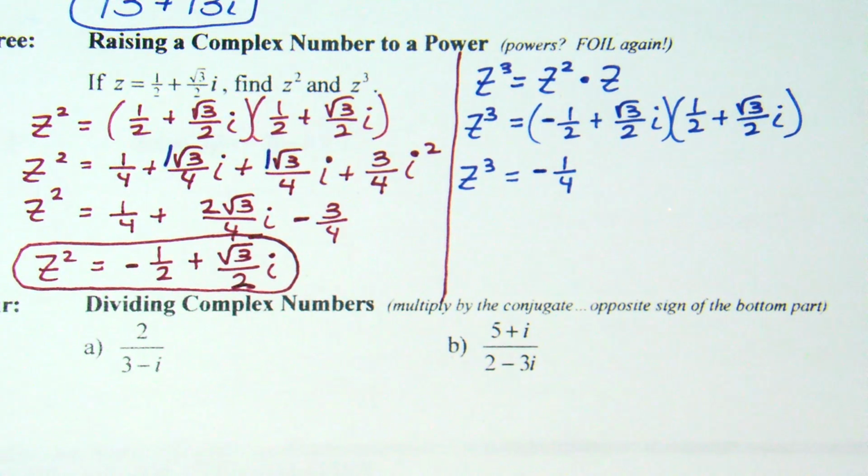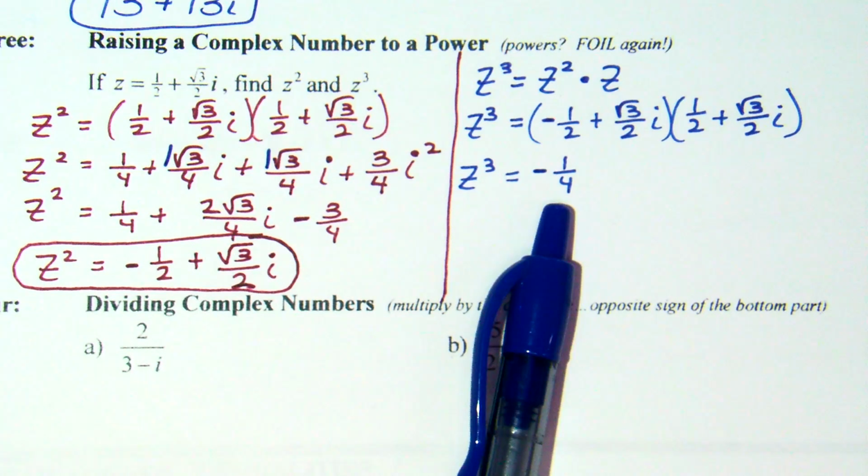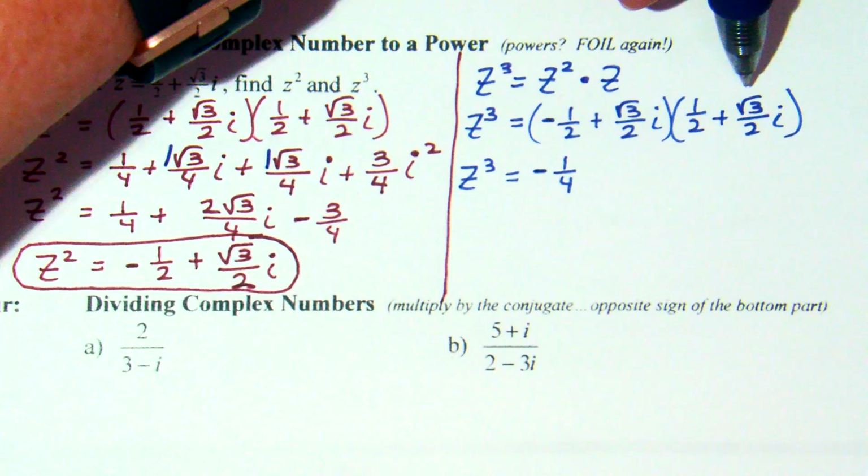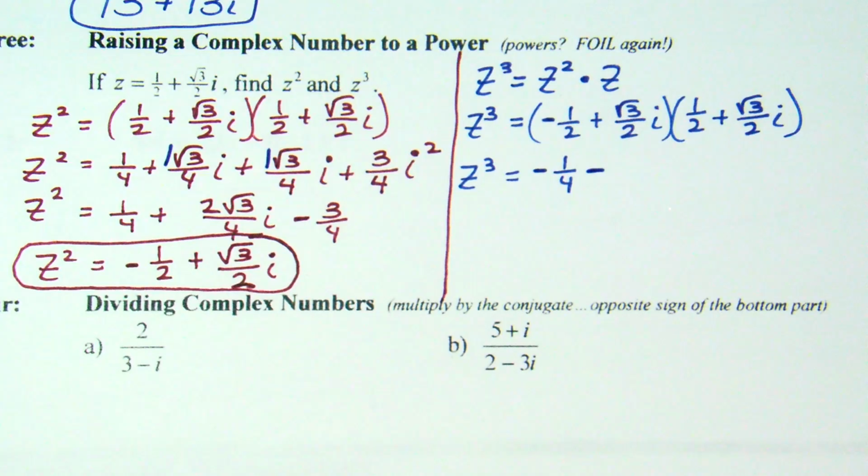So negative times positive makes it negative. 1 times radical 3 is radical 3. 2 times 2 is 4. And then we have our i. Insides: it's positive times positive. Radical 3 over 2i times 1/2. So plus radical 3 times 1, radical 3. 2 times 2 is 4, over i.